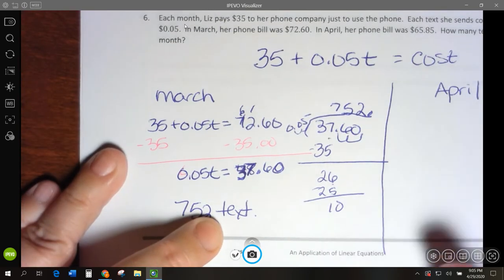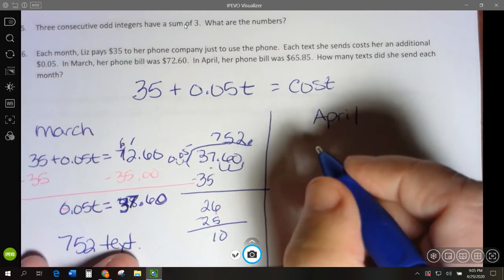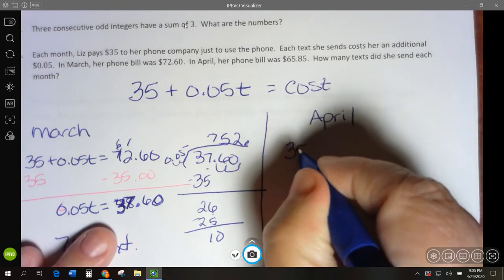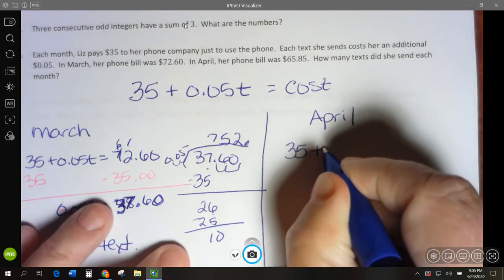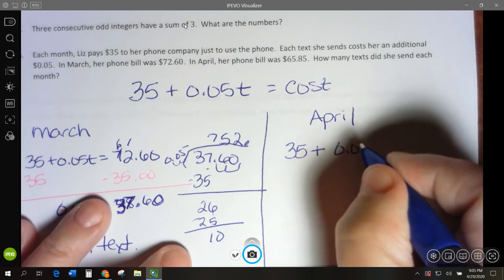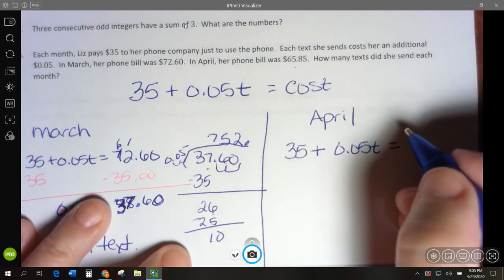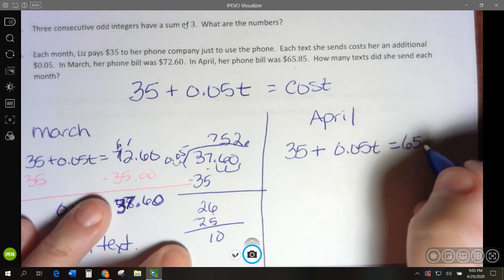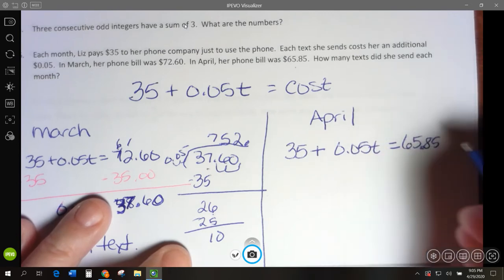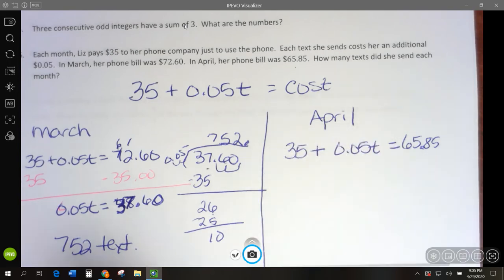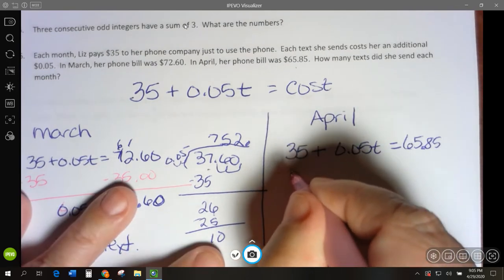For April, same, 35 plus 0.05 per text, and her total cost is $65.85. First, we have to subtract the 35 from both sides.